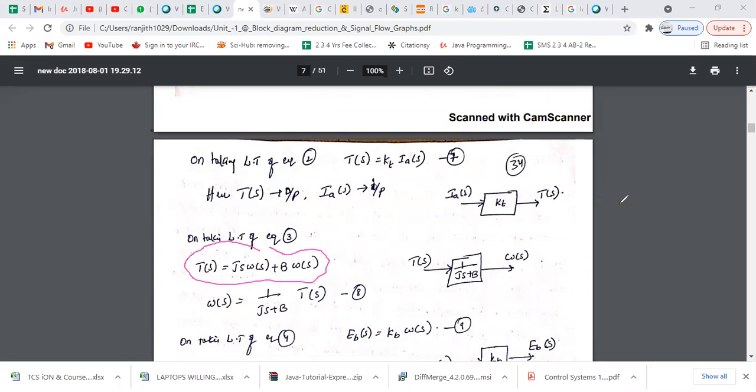Angular displacement. What is the angular displacement here? Theta of s, right?